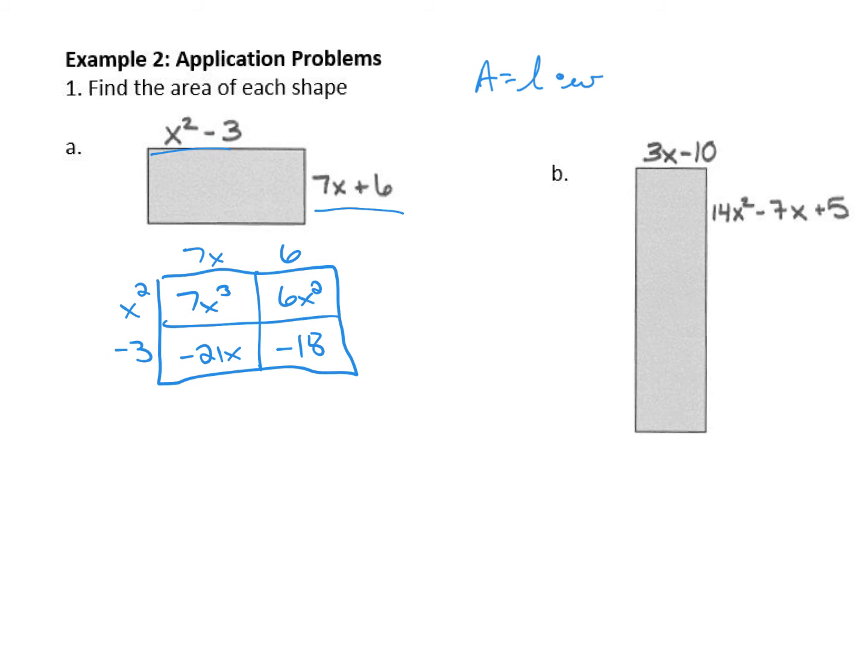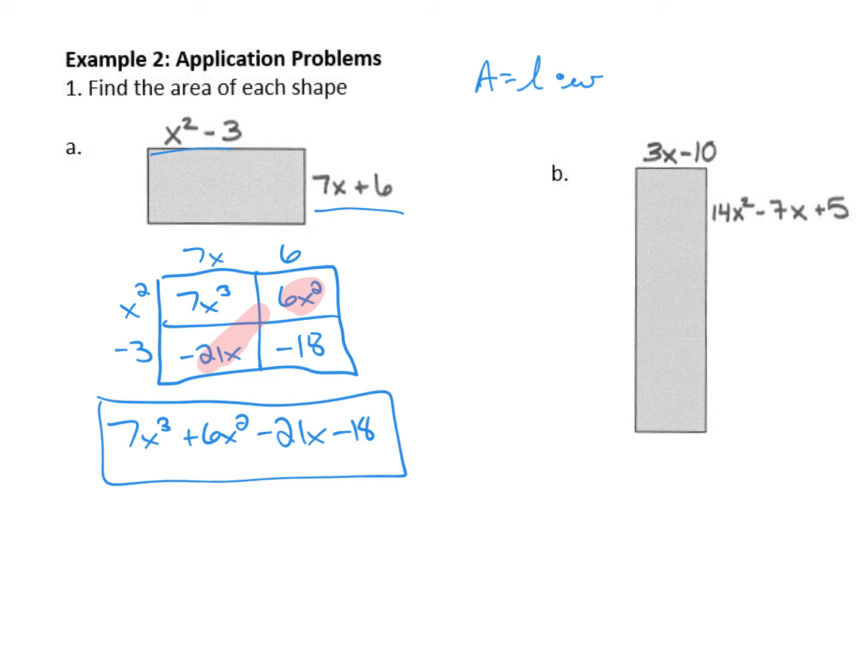Now again, we just got to be careful as we start adding up like terms, because these terms didn't match up. When we look at this x squared and we look across that diagonal, they are not like terms anymore. So as we write out our final answer, we'll have 6x squared minus 21x minus 18, since they are not like terms.